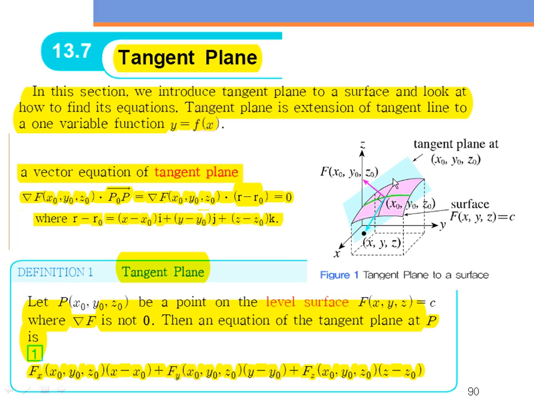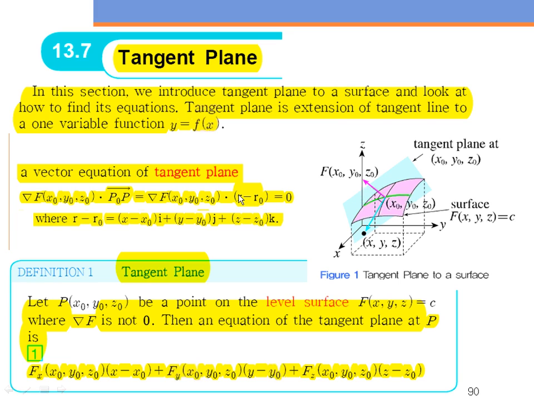Then the tangent plane can be obtained as an arbitrary point x, y, z, and if this is x naught, y naught, z naught, then subtracting one from the other gives the vector r minus r0, which is x minus x0, y minus y0, and z minus z0. This vector times the normal vector of this plane is orthogonal, so the inner product of the gradient vector with this vector is equal to 0.